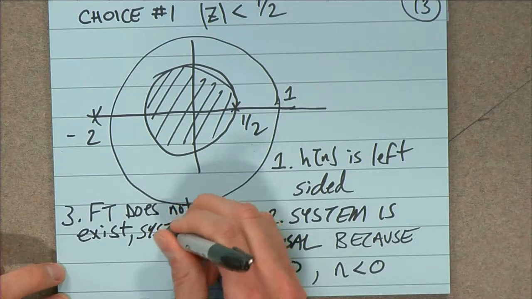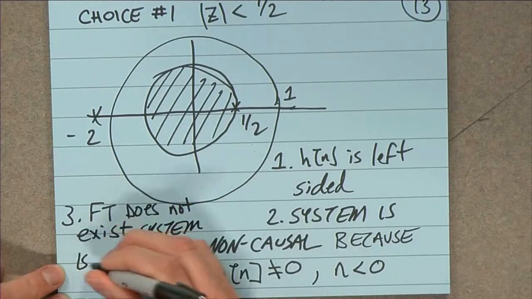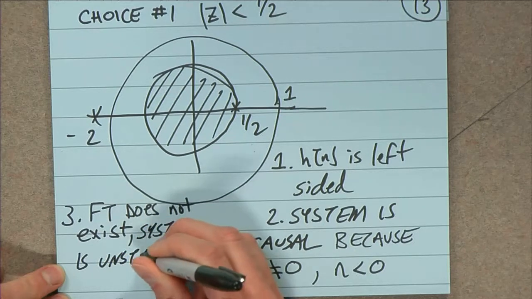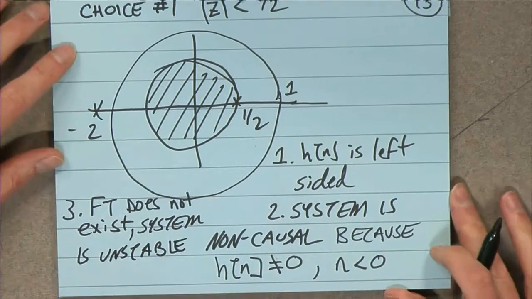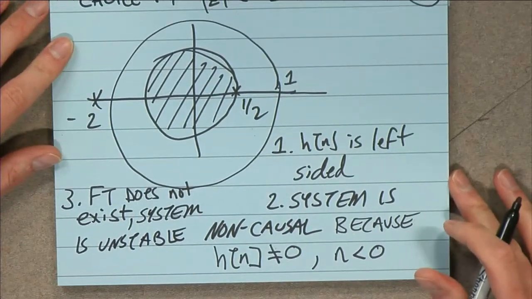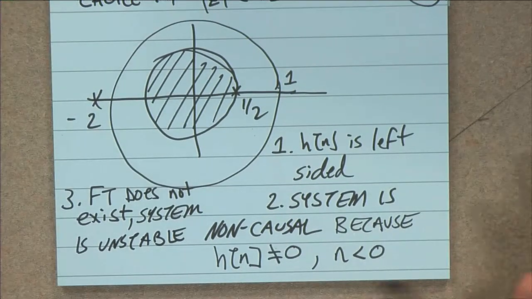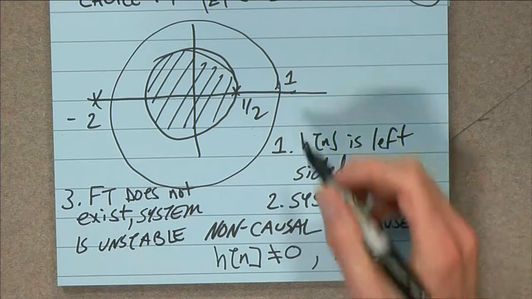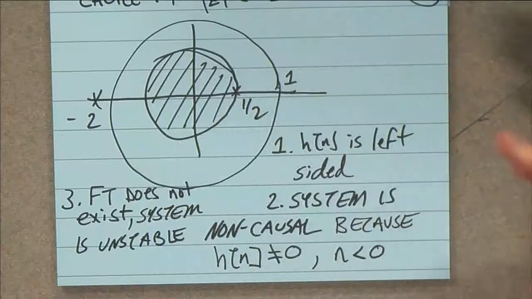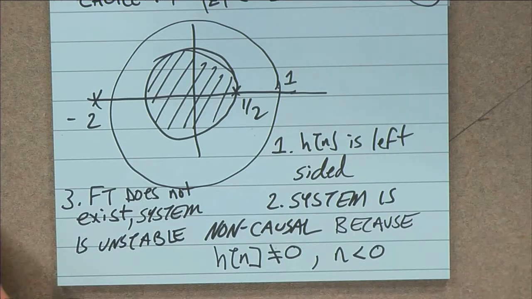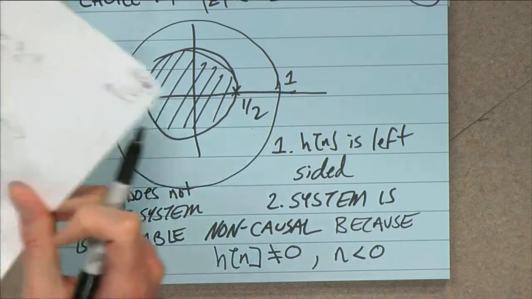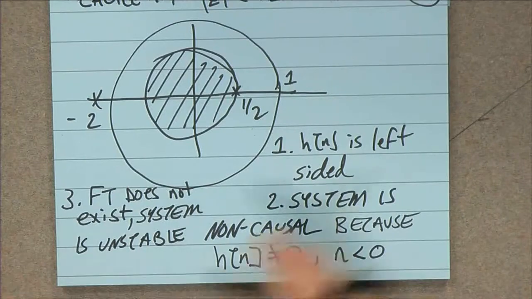The system is unstable, because h[n] is not absolutely summable. So remember, we went back and forth between if the system's absolutely summable, the Fourier transform exists, and the ROC includes the unit circle. So since we don't have that, the system's unstable, the Fourier transform doesn't exist, clearly the frequency response doesn't exist, not a particularly useful system.